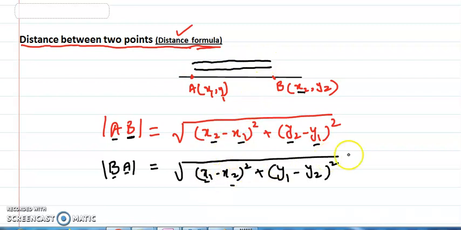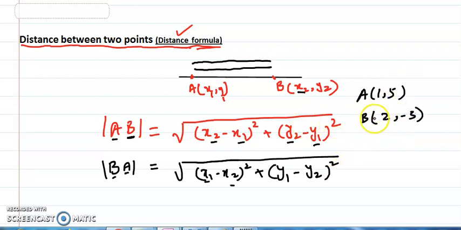It will not change. Let's take an example here. Suppose the point A has the coordinates 1, 5, and the point B has the coordinates 2, minus 3.